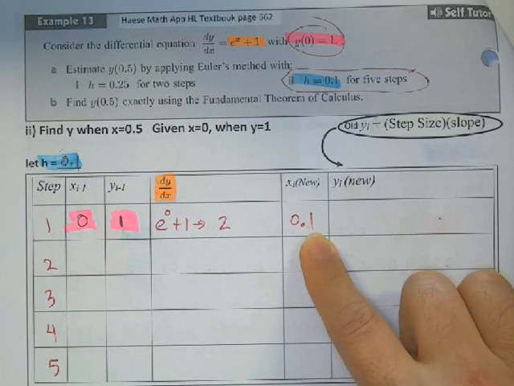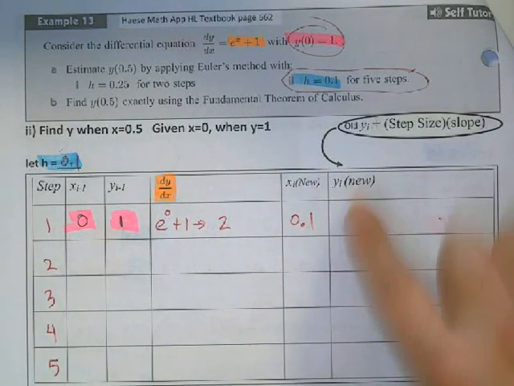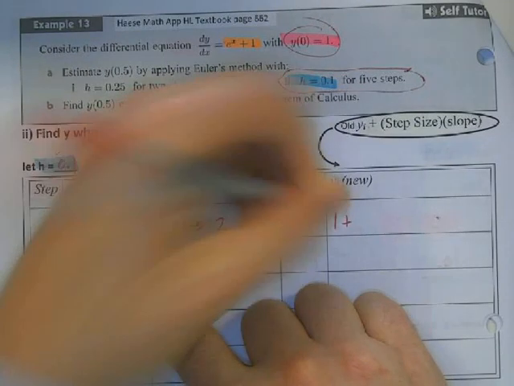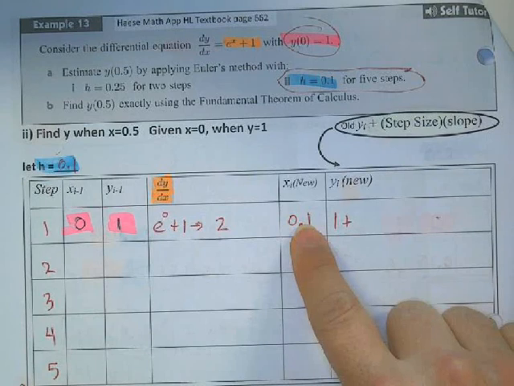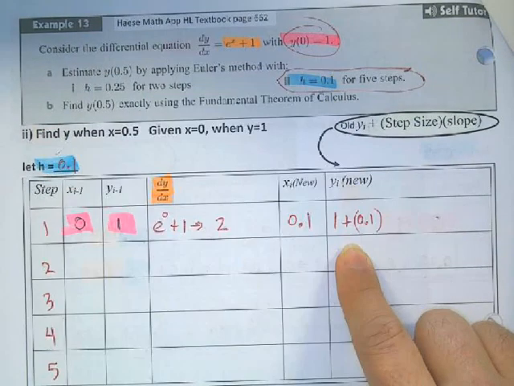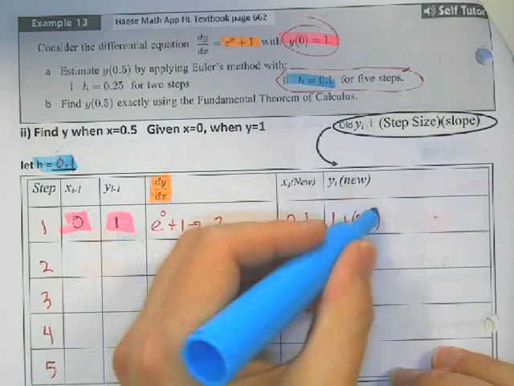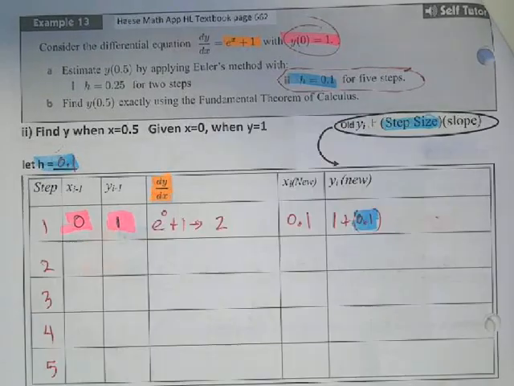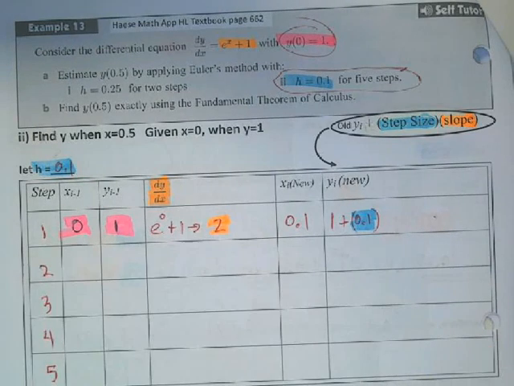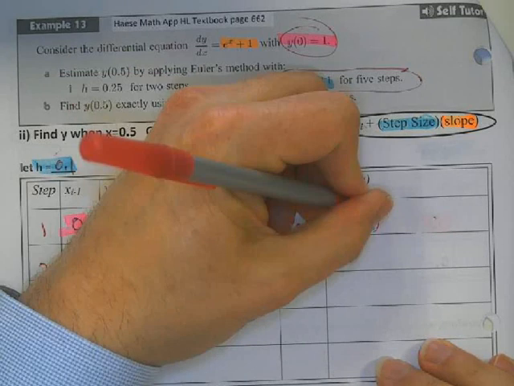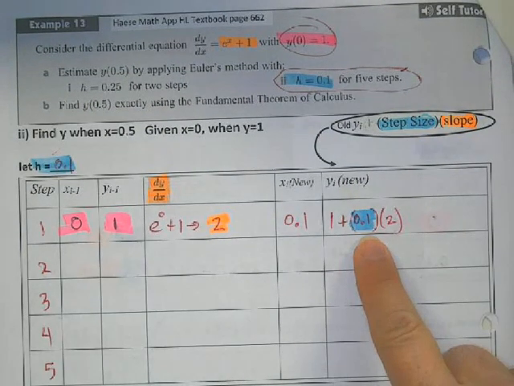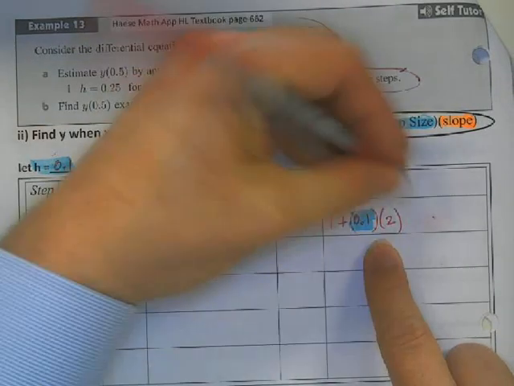The new y value is the old y value, which is 1, plus the step size, my step size is 0.1, times my new slope, which is 2. Now 2 times 0.1 is 0.2, and 1 plus 0.2 gives me 1.2.